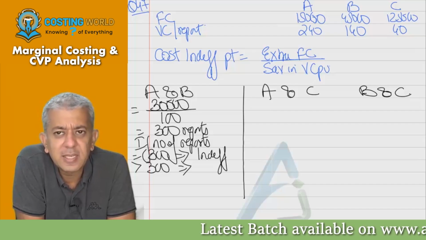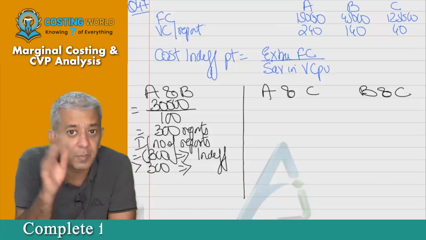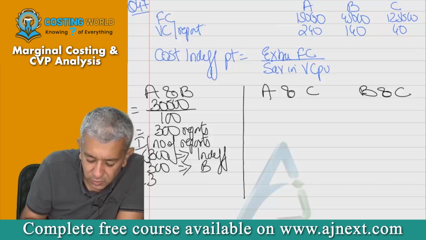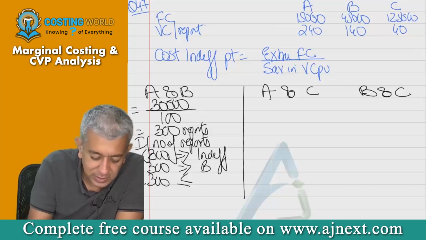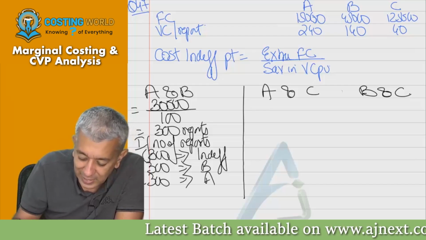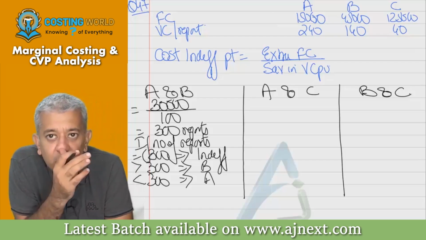B, because in this case variable cost is lower. And lesser than 300, obviously it is going to be A. Now exactly the same thing you are going to do under A and C, and under B and C.